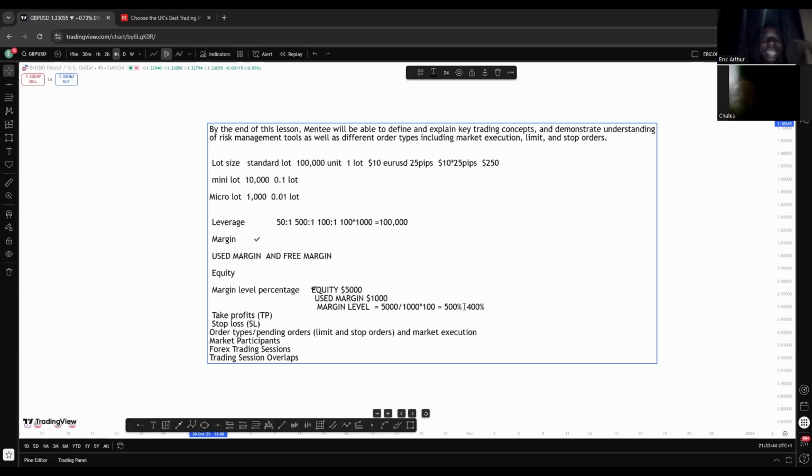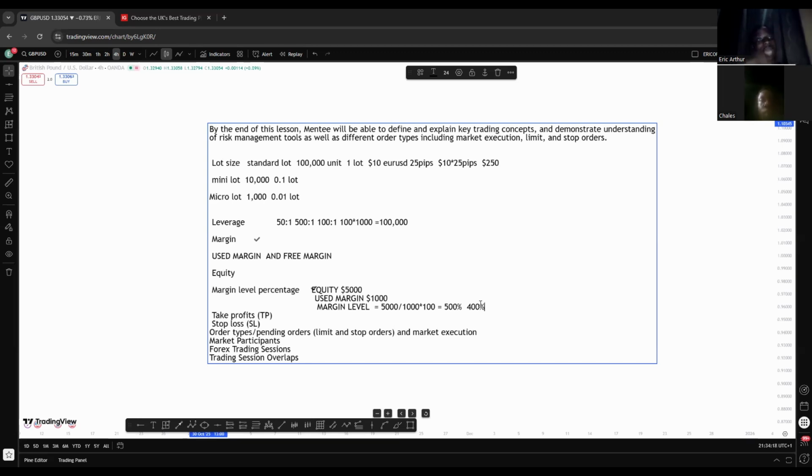You can't just enter a trade just like that, or enter the same lot size. You get it? You have to enter a small lot size. You can't enter the same lot size that you used to enter the first trade. So when the percentage is increasing, that determines the health of your account, whether you can add more positions or you can't.